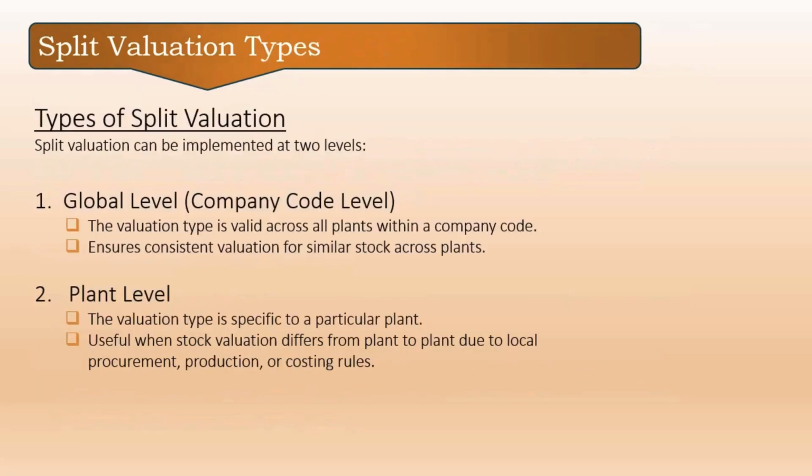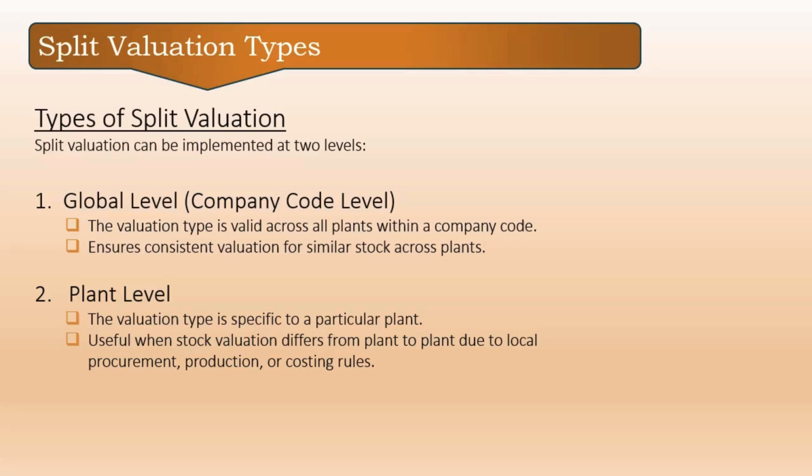Move on to the next slide. Split valuation types. Types of valuation in SAP S/4HANA: one is global level, the other is plant level. Global level means, if it's a multinational company having various branches and various companies all over the world, and they have one single centralized SAP system, then this split valuation can be adopted globally.